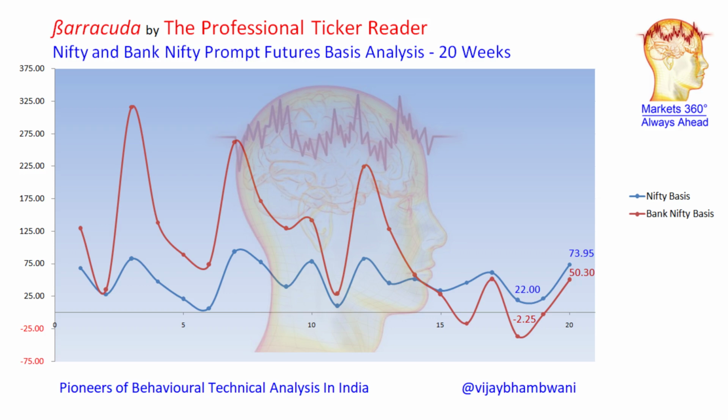So the basis is higher, but it's not as high as we've seen it before, after expiry just a couple of months ago. So that basically tells you that two-month traders are not paying a very stiff premium. So far, one-month traders have been showing signs of optimism.